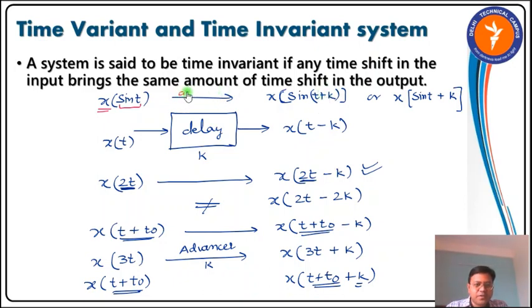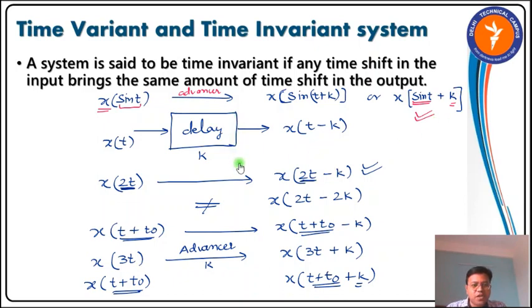Sorry, let me say it is acting as an advancer. So if I consider this, then this shows only the t variable has been advanced, but this shows that this time, see this factor, has been advanced by the factor k. That is, this sine t is different and this k is different. So this is the correct answer.